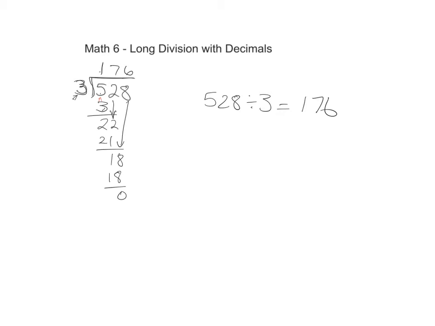What we want to do now is try a question in which we are doing long division, except with decimals. So let's start with the question here. We'll do 7.59 divided by 3, that's 7 and 59 hundredths divided by 3.